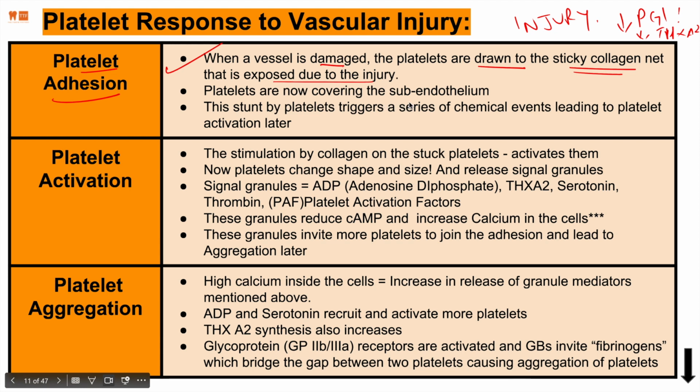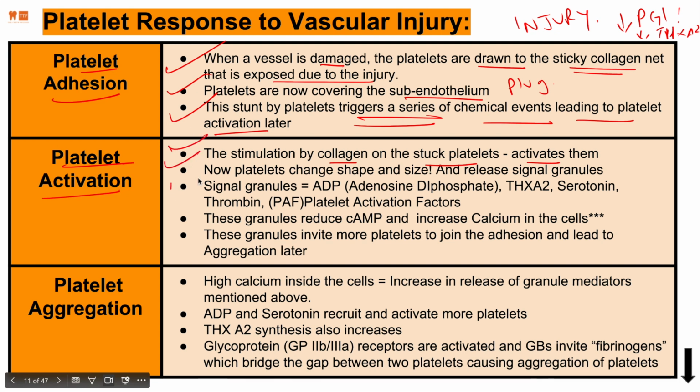Platelets are now covering the subendothelium in more like a plug. This stunt by platelets triggers a series of chemical events leading to more platelet activation, and that's platelet activation. The stimulation by collagen and the stuck platelets activates them. Now the platelets change shape and size and they release granule signals.